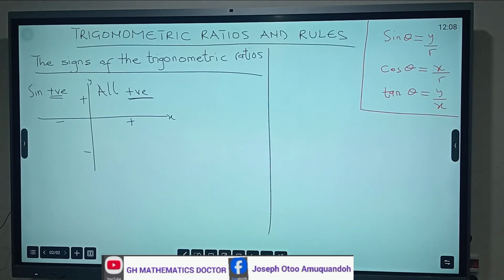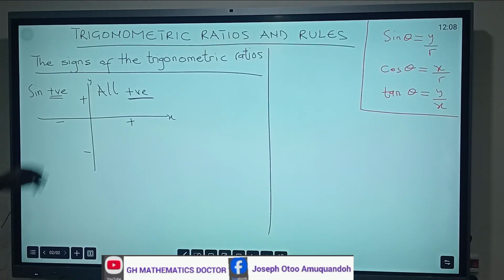When you come to the third quadrant, we have sine at this place, which is y over r, and r is positive, but y will be negative. So sine is negative at this side, which we are trying to avoid. Then when you come to cos, we have x over r, and r is positive, x is negative, which we are trying to avoid because we don't want a negative fraction. Then we have tan, y over x.